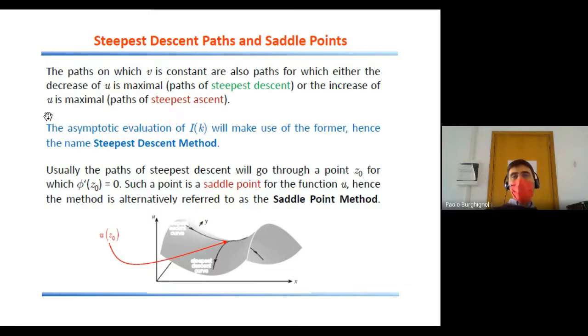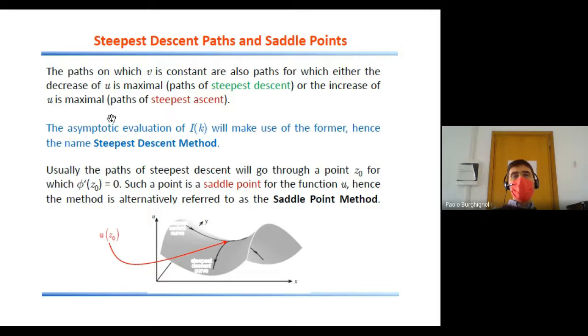In our case, what we will need is the maximal decrease of the real part. And so the asymptotic evaluation of our integral will take the name of the steepest descent method.